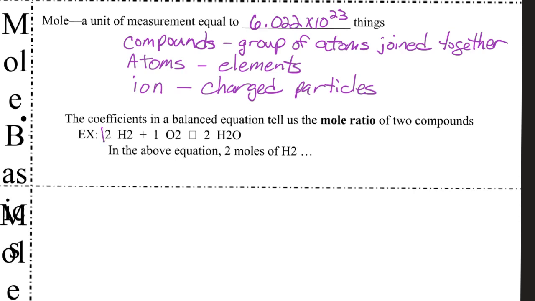The numbers that are in front of our chemical symbols stand for how many moles of that substance you need. So in this example, you need 2 moles of hydrogen, 1 mole of oxygen, and that will yield, the arrow disappeared there, 2 moles of water. So the numbers before the symbol for the substance tell you how many moles of that substance you need.